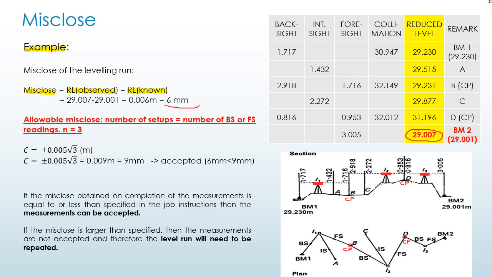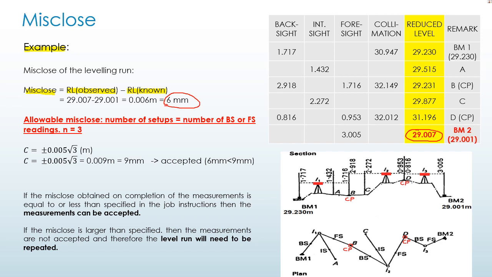So the difference here is 6 millimeters. Due to natural error, instrumental error, personal error, we don't know where we make the mistakes or which sources specifically, but finally you will have a 6 mm difference between your observed reduced level and the known value.